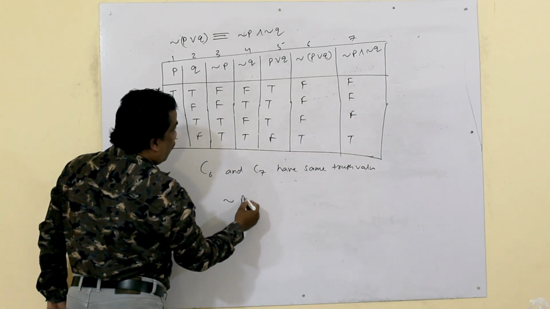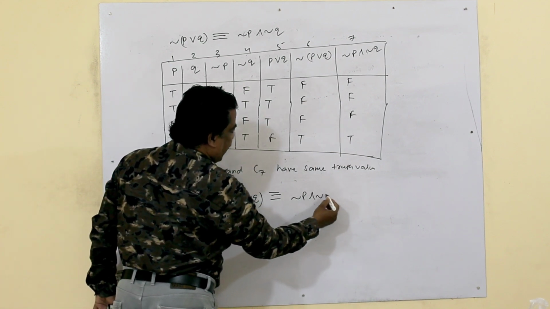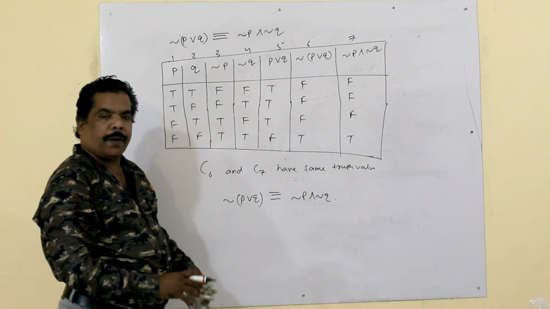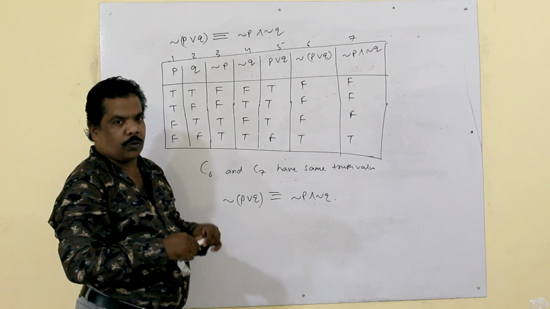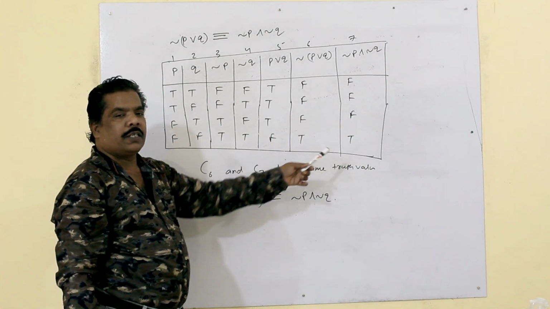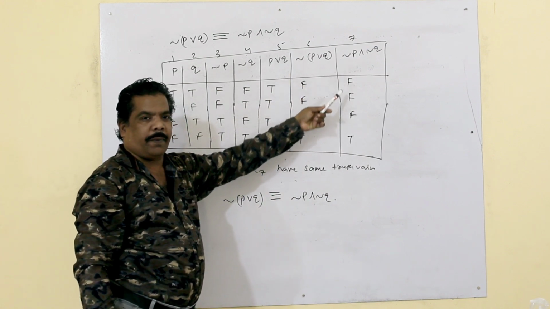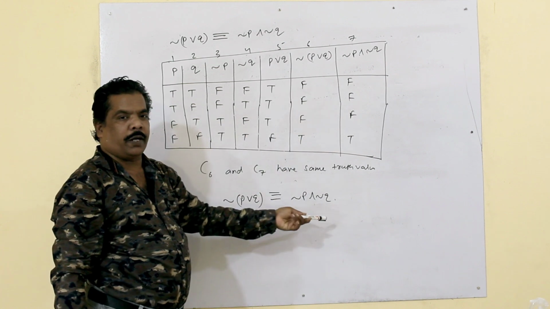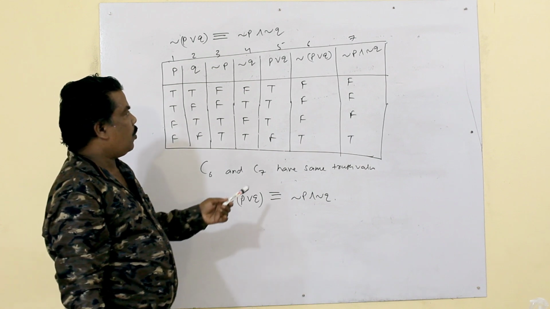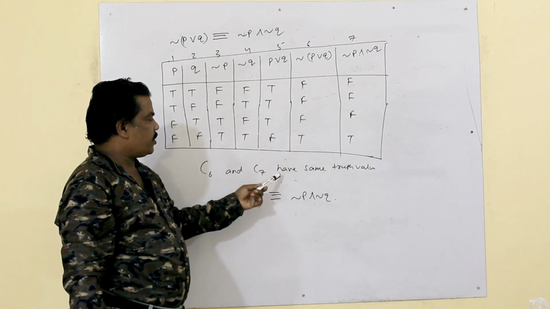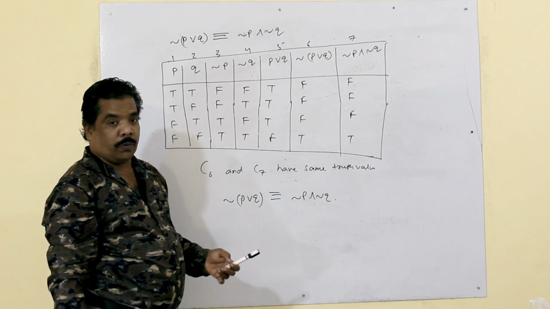So negation of P or Q is equivalent to negation P and negation Q. Two compound statements are logically equivalent if they possess the same truth values. Here we see that these are two compound statements and they possess the same truth values. Hence, logically they are equivalent.